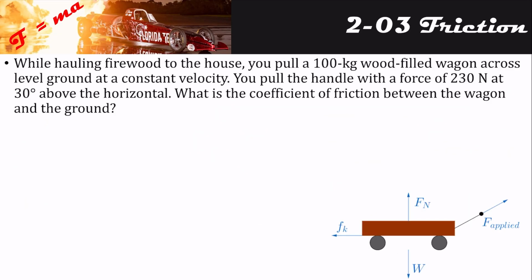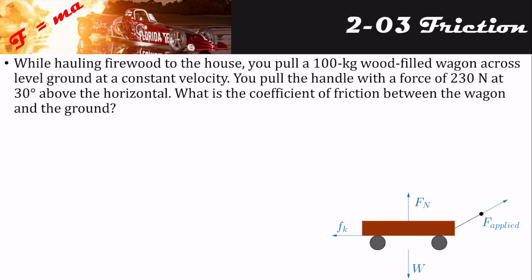While hauling firewood to the house, you pull a 100-kilogram wood-filled wagon across level ground at a constant velocity. You pull the handle with a force of 230 newtons at 30 degrees above the horizontal. What is the coefficient of friction between the wagon and the ground? All right, so you can see I have my free body diagram here.